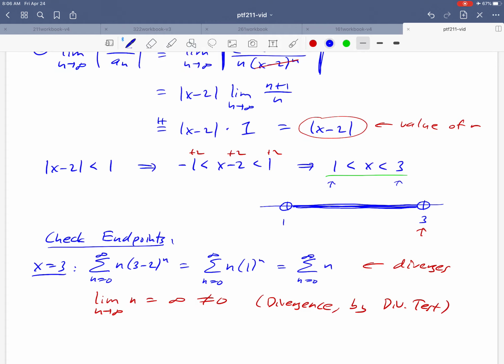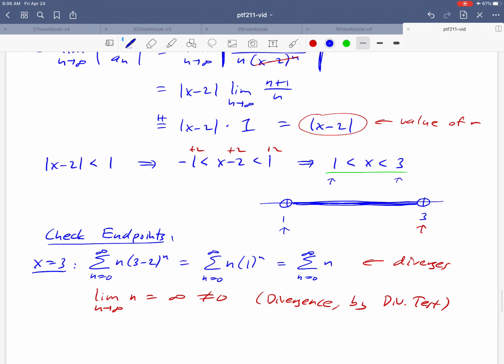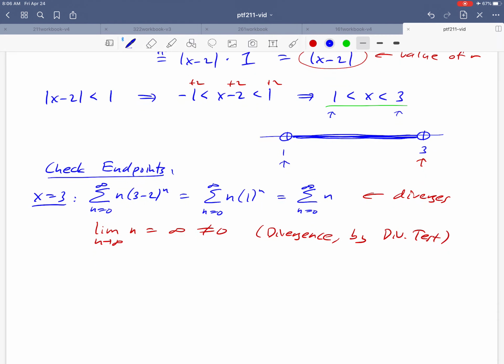What about the left-hand endpoint? Okay, the x equals 1. Let's do that now. So if we take x equals 1 and plug it into our series, we're going to get n times (1 minus 2) to the n. If we do the arithmetic there, that's going to be n times negative 1 to the n.